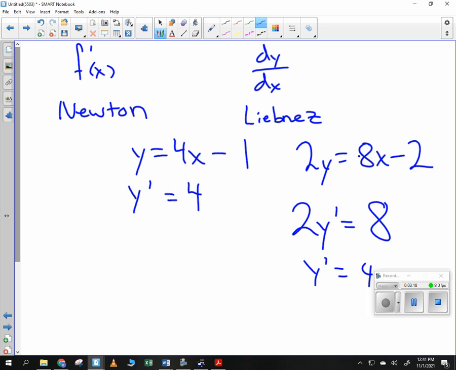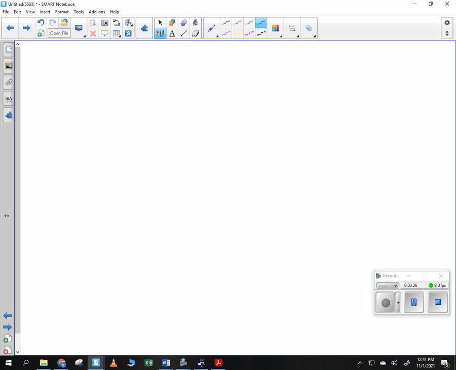And note that f prime of x is the same as y prime, and that's the same as dy over dx. And here's the best explanation I can give to you. When you take a derivative, say x squared plus 3x cubed minus x is equal to y, whatever. And when you take the derivative of x squared, what happens to the power?